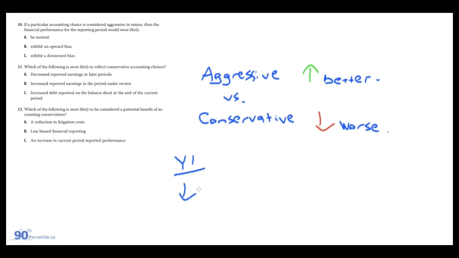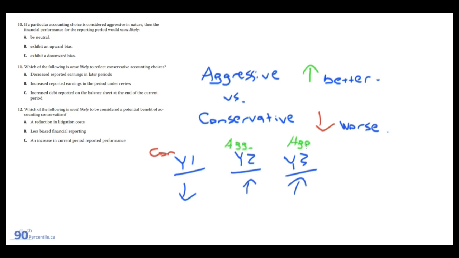So this would be conservative. And they do that because maybe they're deferring revenue or something, some funky stuff going on. And they're doing that because in year two and year three, they can make their revenue look better. So year one would be conservative, and then years two and three would be aggressive.